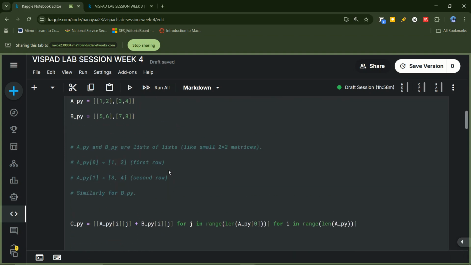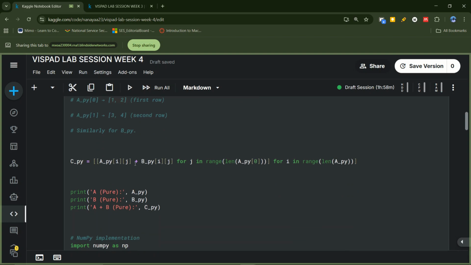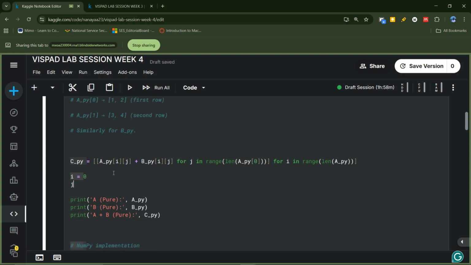Then we have another loop over here, which has this small expression that is trying to do the element-wise addition. So after doing all these, when your i is 0 and your j is also equal to 0, what happens?